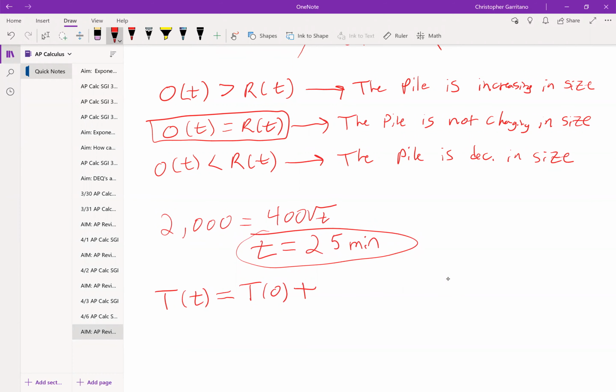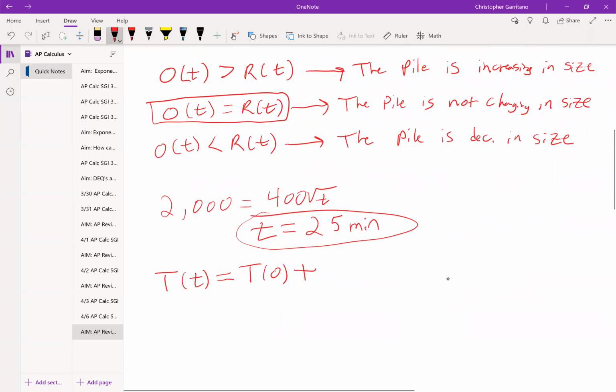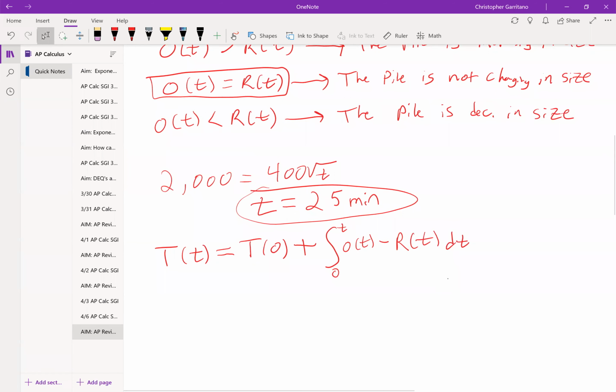I'm just talking in generalities. And then what we would do is integrate the rate in from 0 to t, and at the same time, integrate the rate out from 0 to t dt.